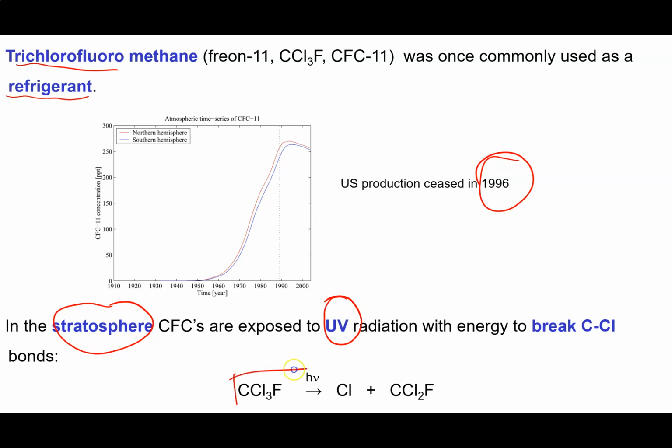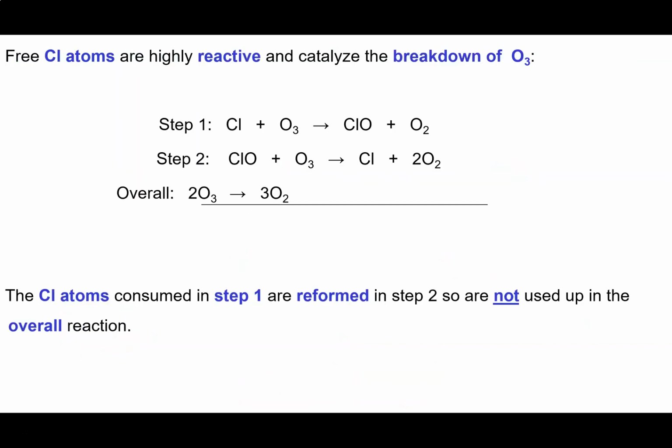We end up with atomic chlorine, which is an example of a species we call a free radical. It has one unpaired electron, and it's very, very reactive.